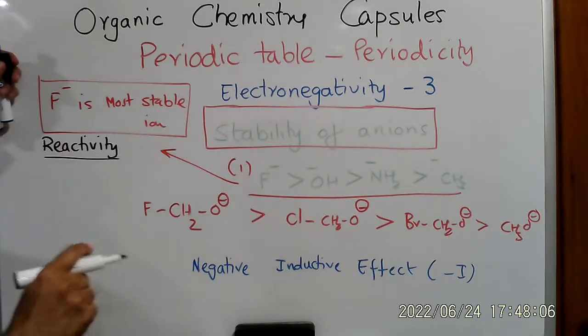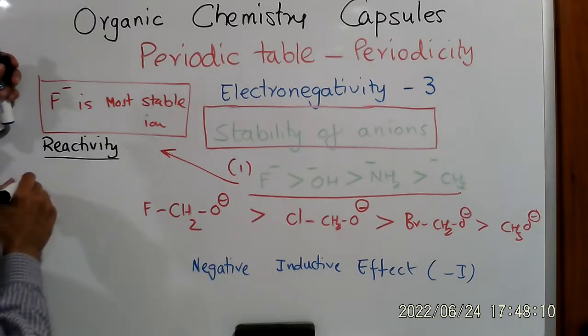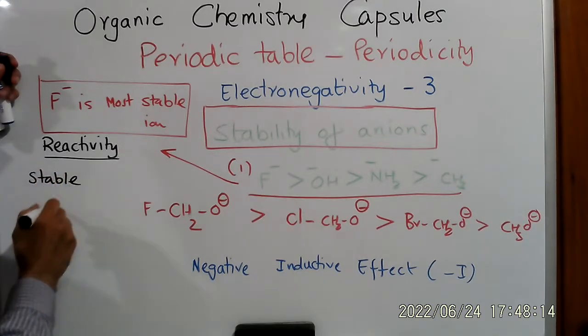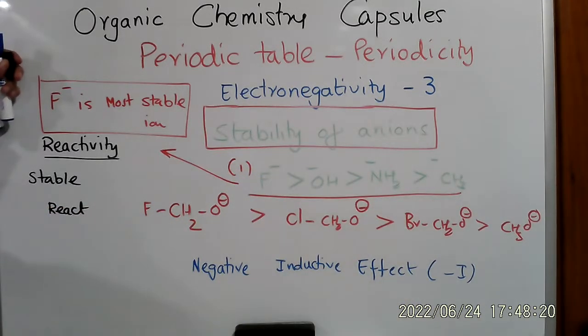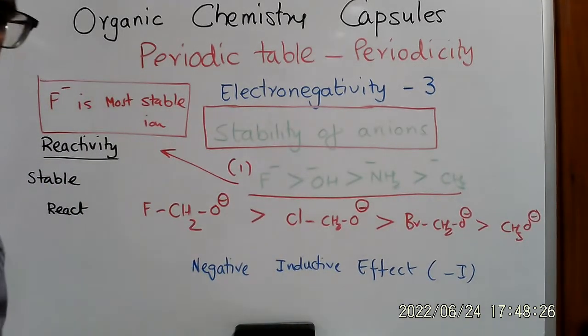We come back to that every now and then. Whatever is stable will not react, like noble gases. Noble gases are stable in their full octet, so they don't react. Same thing: if something is stable, it will not be very reactive.